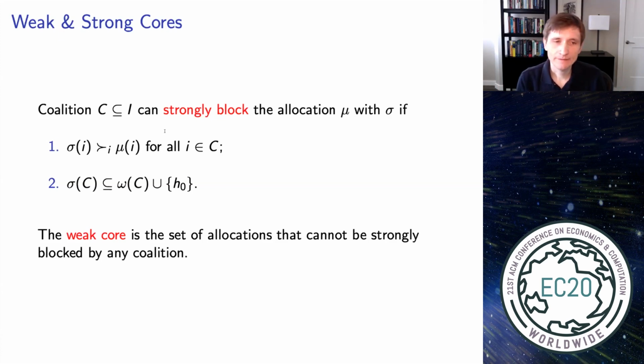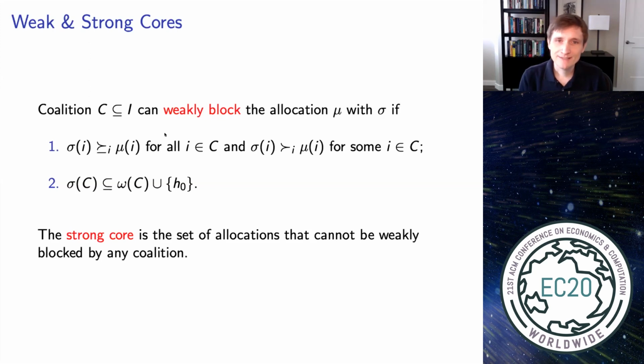The set of allocations that cannot be strongly blocked in this way defines the economy's weak core. This is closely related to the economy's strong core, which has a very similar definition. The only difference is that now, when a coalition decides to block an allocation, not everybody in the coalition needs to be better off. Only one person needs to be strictly better off. Others can be indifferent.